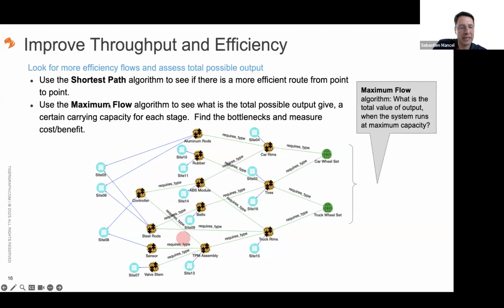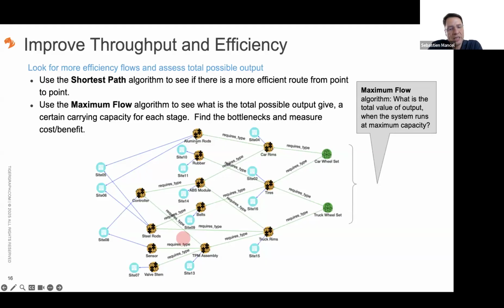Second, maximum flow analysis. This helps us evaluate the total output capacity of the system based on the carrying capacity of each component. The maximum flow algorithm calculates how much production can be sustained if every part of the network runs at full capacity. And this allows us to identify bottlenecks that constrain total output. In the supply chain context, this helps companies balance resource allocation, evaluate investment trade-offs, and maximize throughput while maintaining quality and stability.